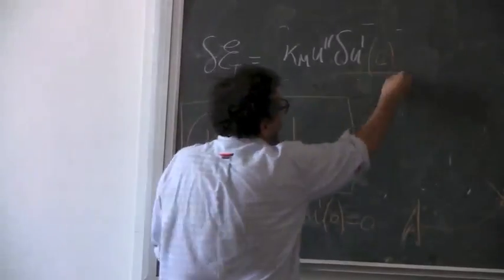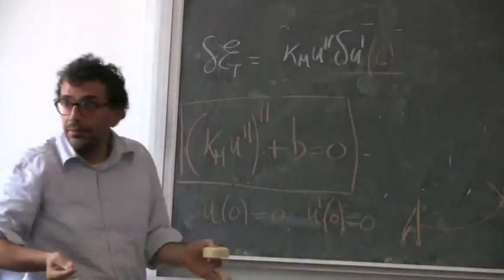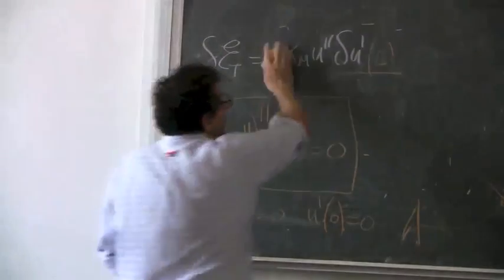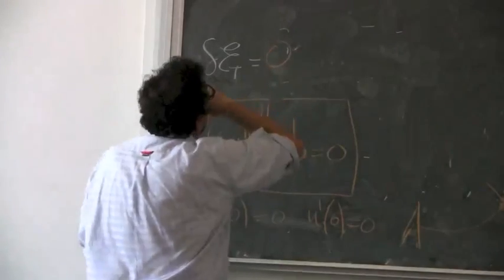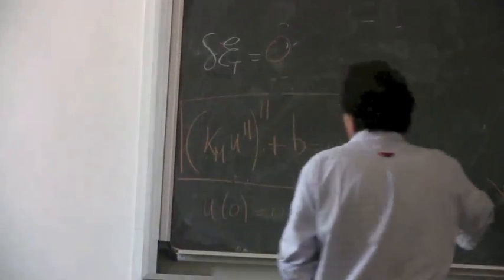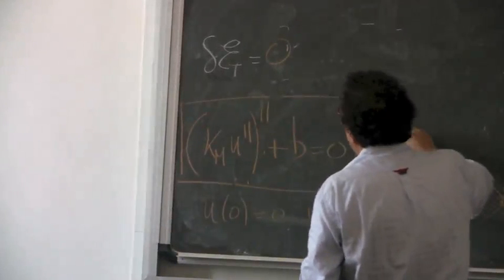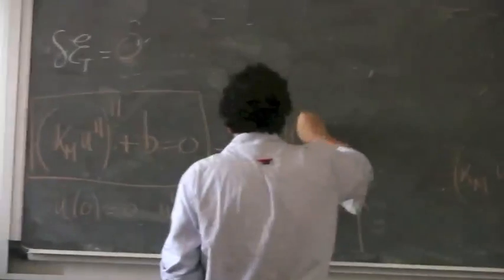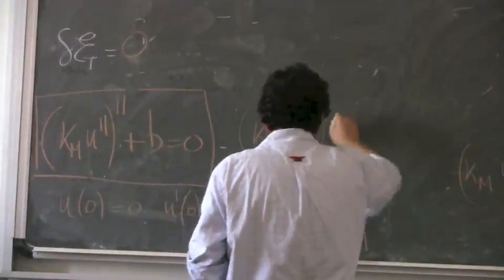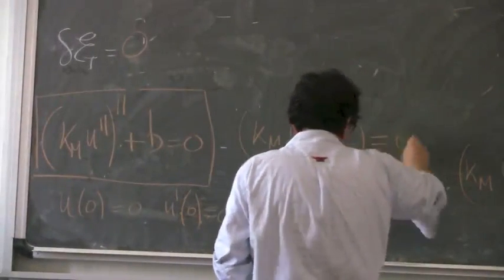So del phi prime is arbitrary. So this is 0. And I add the condition Kn U segment L in an equals.